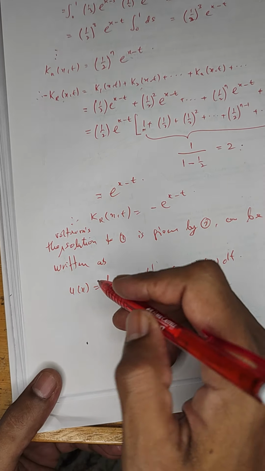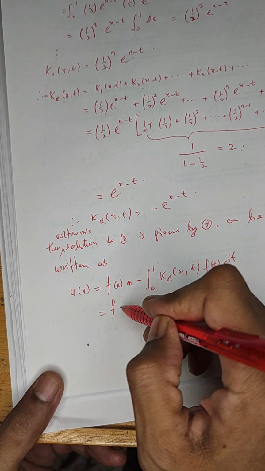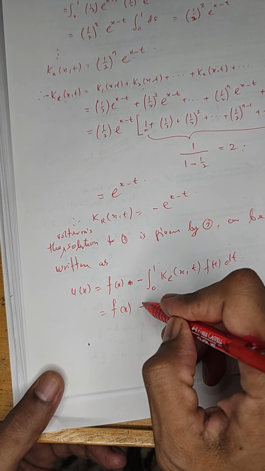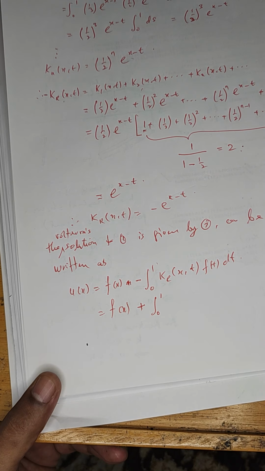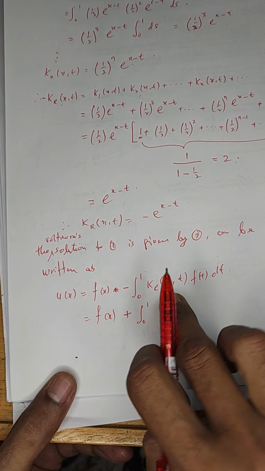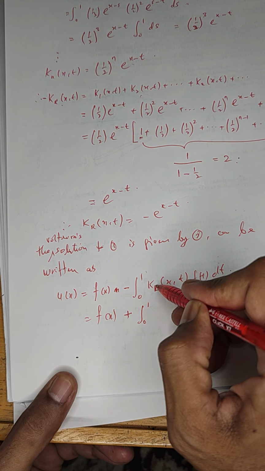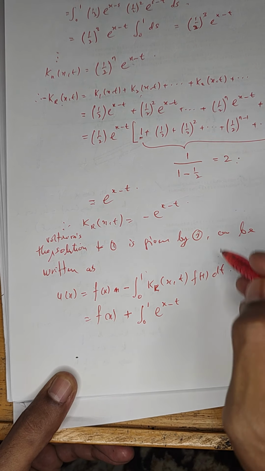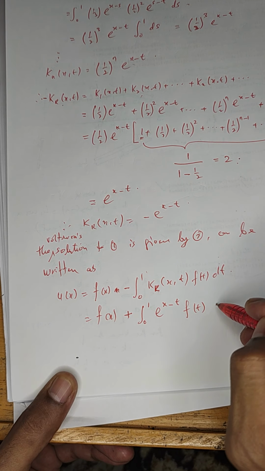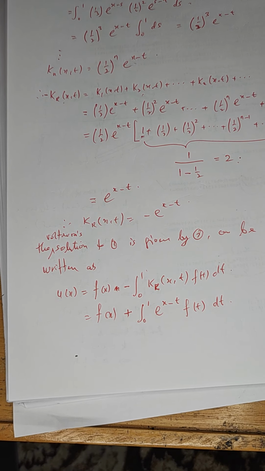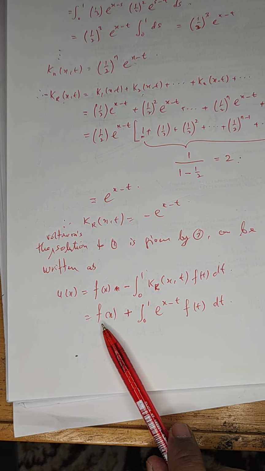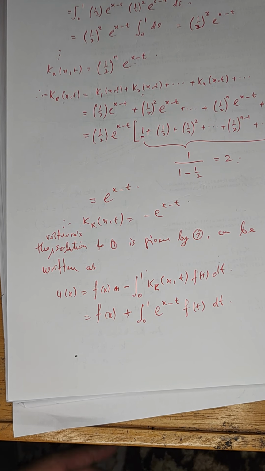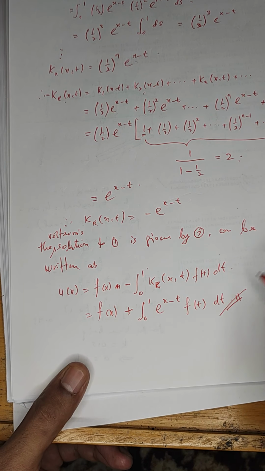Substituting, that gives you f(x) plus the integral from 0 to 1 of e^(x-t) f(t) dt. If you are given specifically what f is, then of course you can solve those integrals. So this is the solution to the given question.